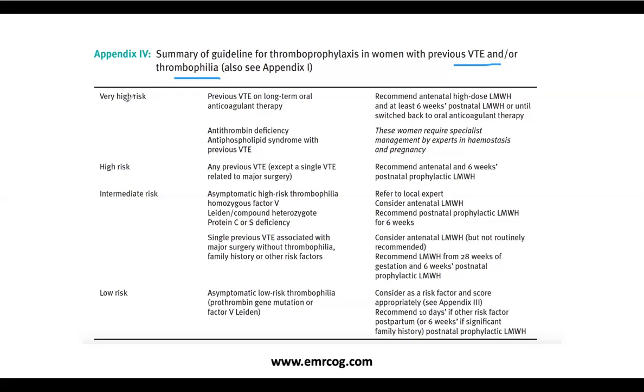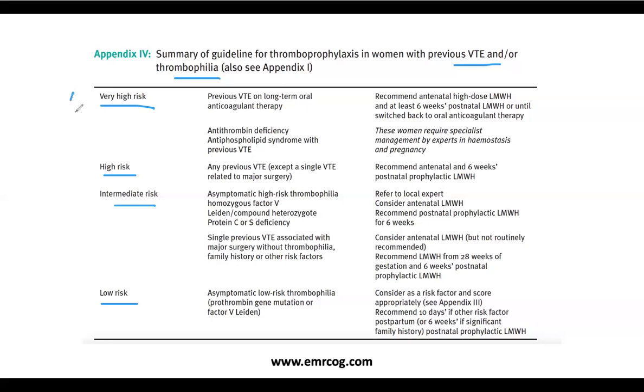So here we divide these ladies into a very high risk group, high risk group, intermediate risk group, or a low risk. And let's see what are the examples of each group of the 4 groups and what is the management for everyone.